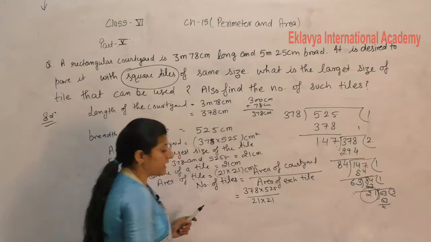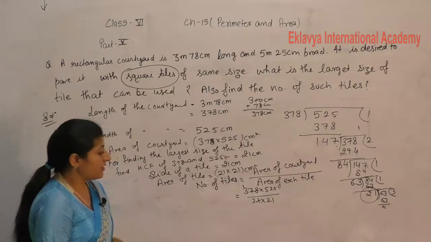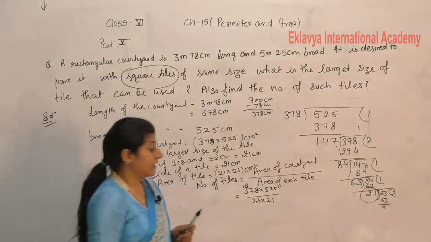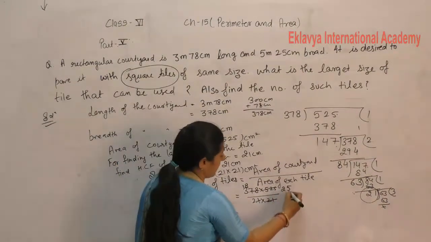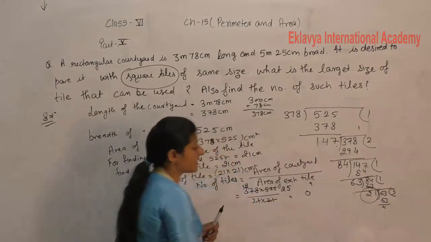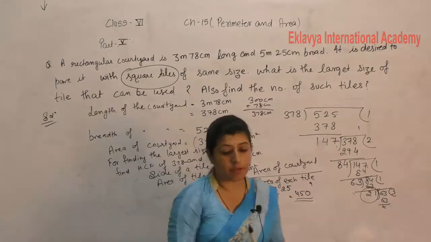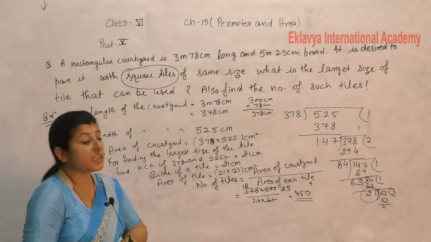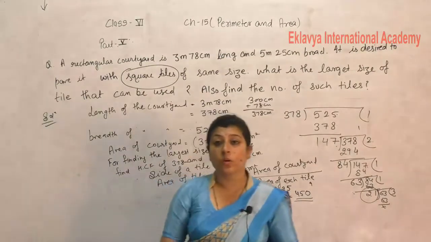After cutting, we get 18 times 25, which is 450. It means we can put 450 tiles of size 21 centimeter in the courtyard.